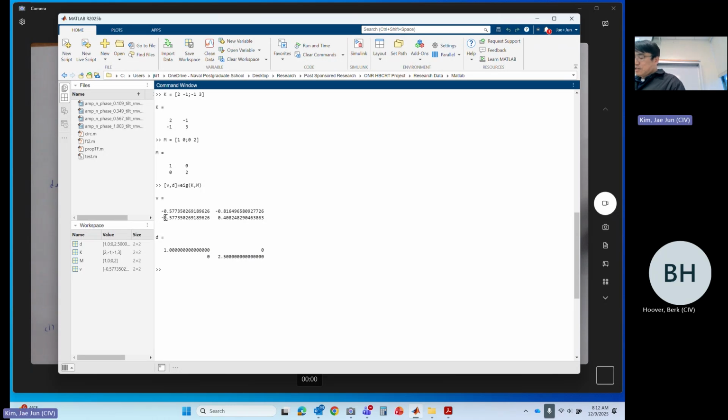The relation between the first element and second element is unique, meaning the ratio is the same.